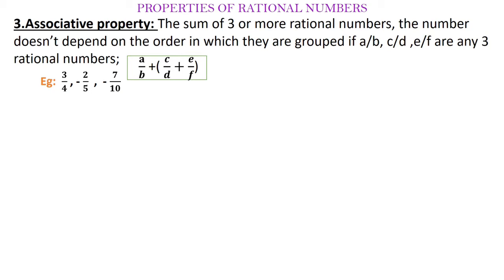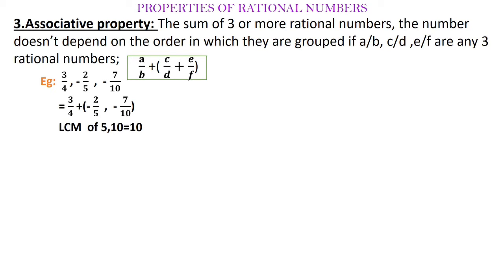Example: 3/4, minus 2/5, minus 7/10. So these are three rational numbers. Let's keep brackets: 3/4 + (minus 2/5, minus 7/10).